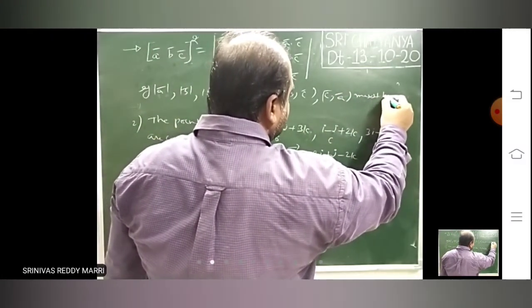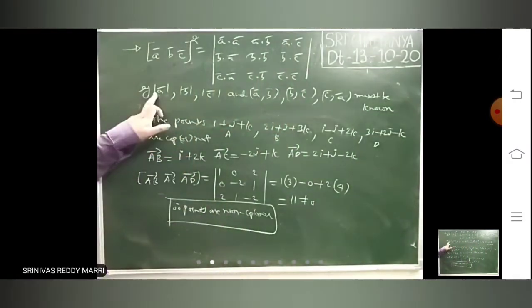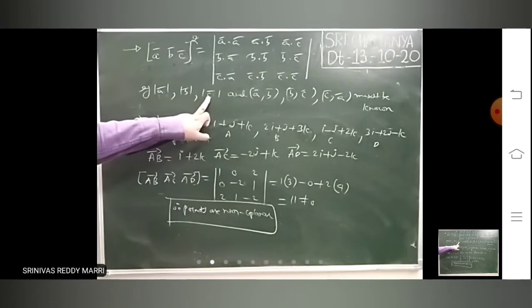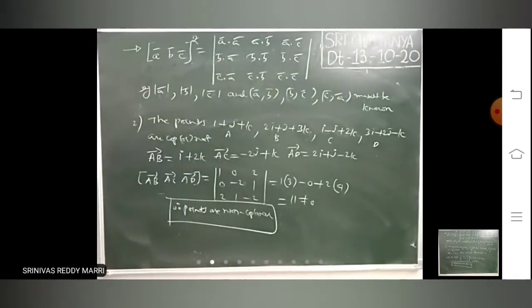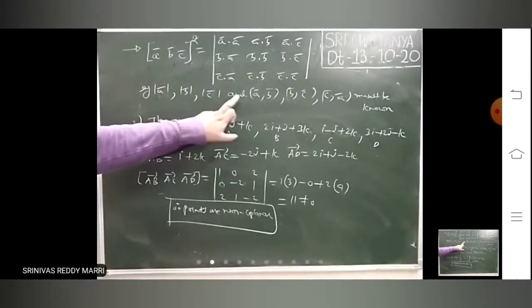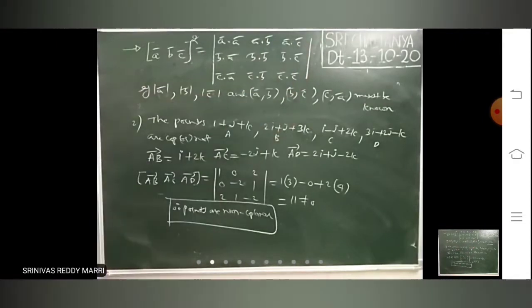If you know these three magnitudes, because here you want modulus A square, modulus B square, modulus C square, these you must know, and the angles between them must be known. Then you can calculate all the dot products.